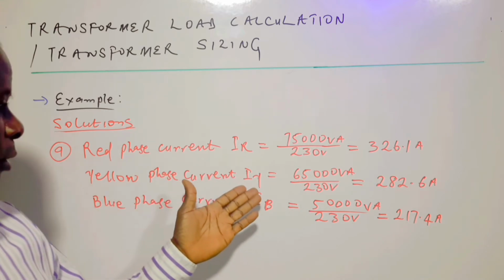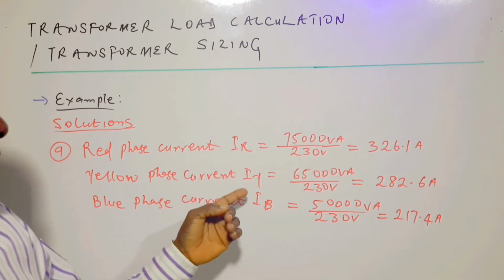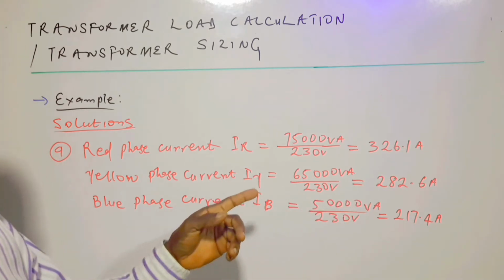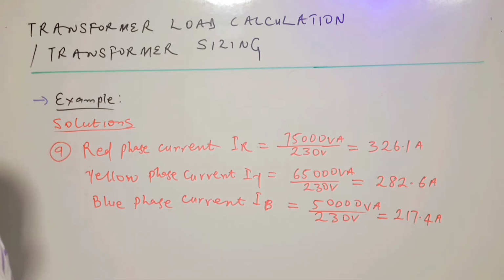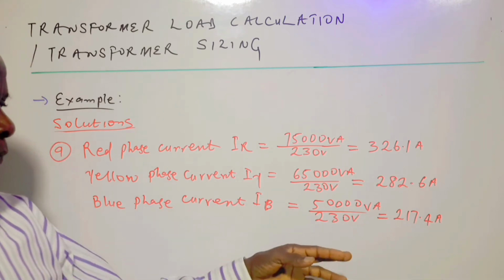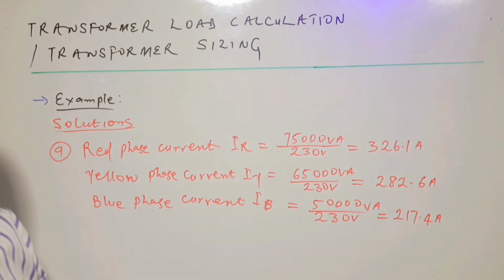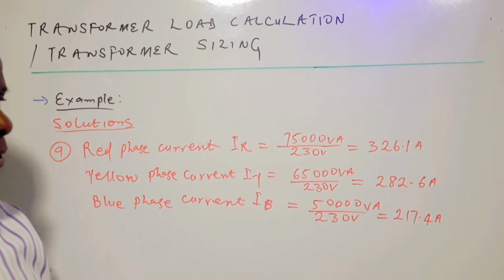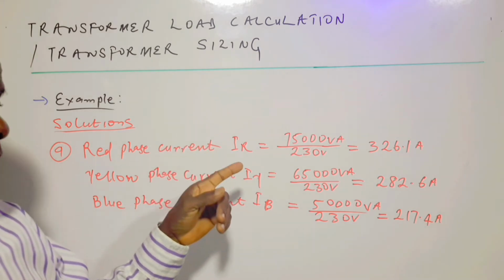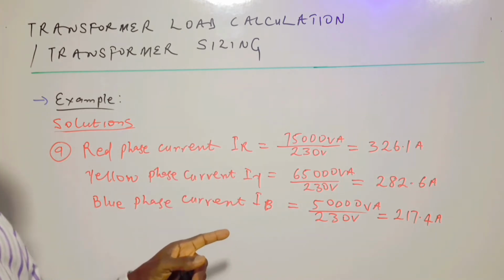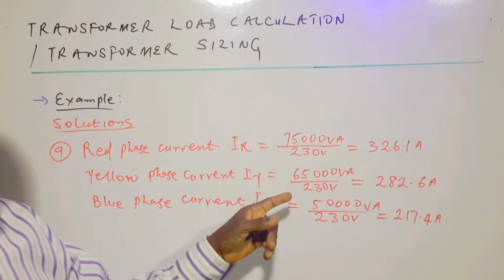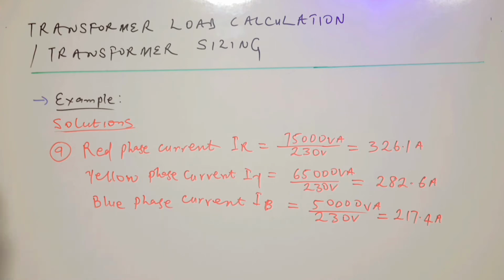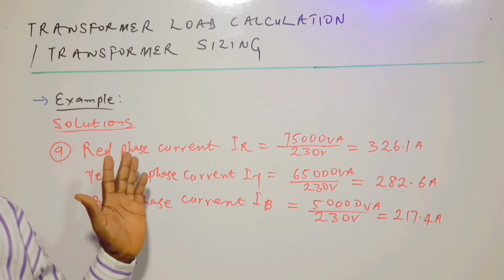The current in the yellow phase is 282.6 ampere. The blue phase current is 217.4 ampere. In doing this calculation, the power must be in VA, not in kVA, because the voltage is in volts. Alright, and that is the solution to the A part.